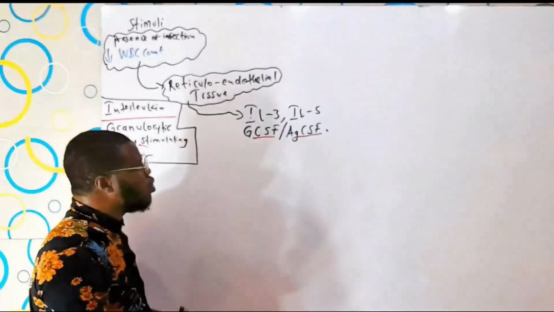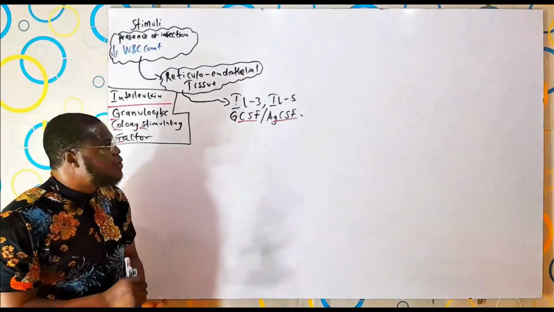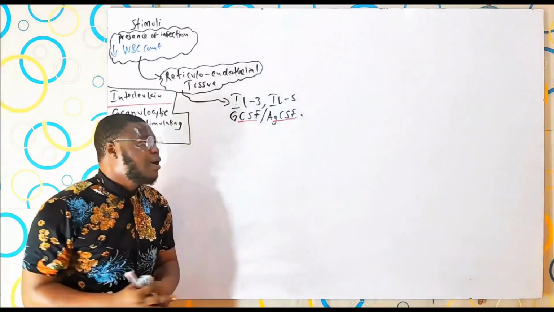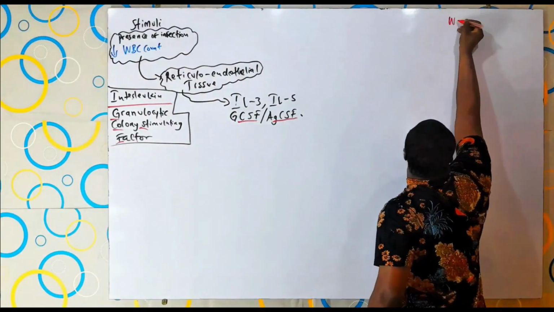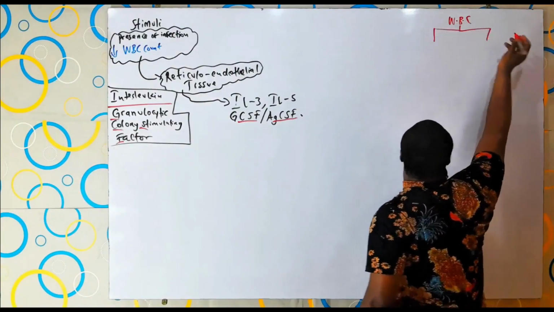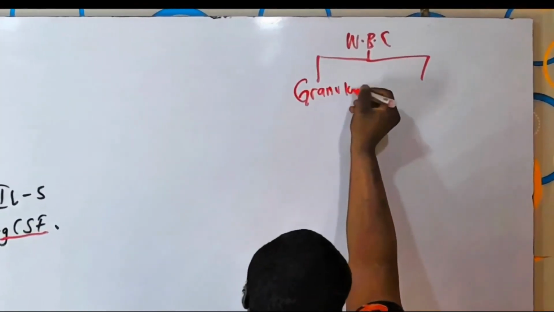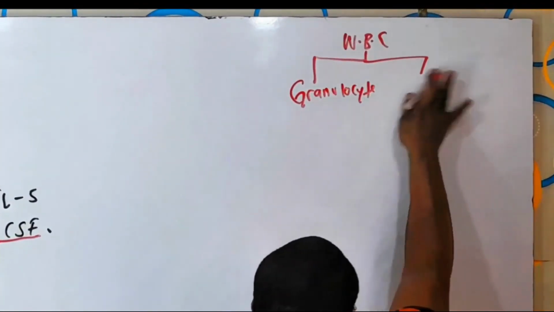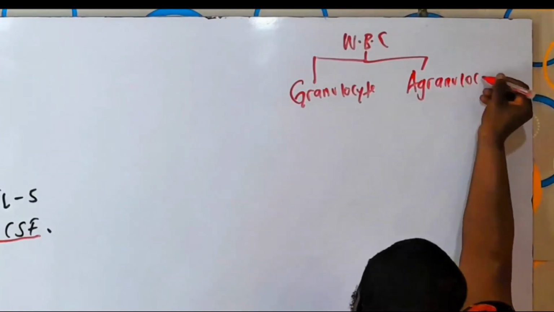Now, at this junction, what are these guys going to do? What they do, I won't go there for now. Instead, I'll go to a revision of what we've done in the last scene. And that is what? The types of white blood cell. Let's come right in. White blood cell. We said we have what? We have the granulocyte, and the agranulocyte.